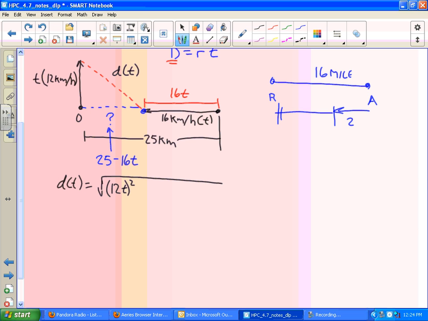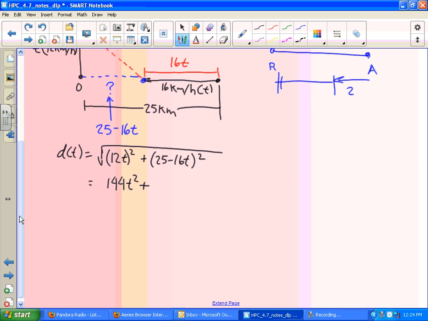12t squared, and then, let's work here. 144t squared plus 625 minus 800t plus 256t squared.